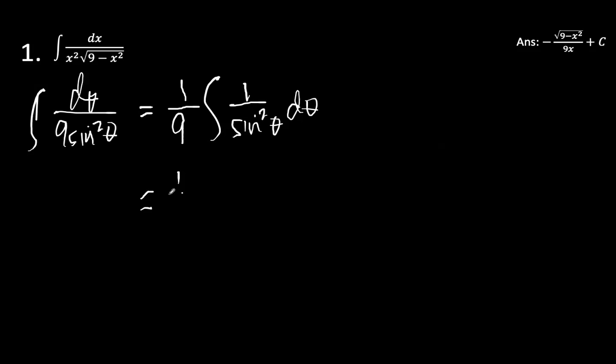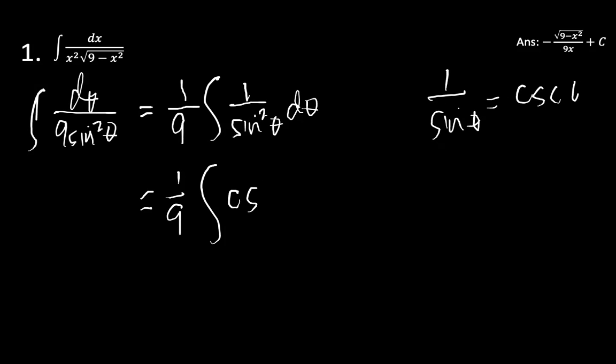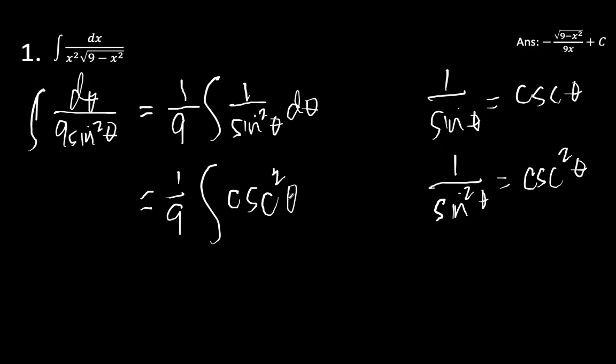However, we can express it in another form. 1 over sine theta is equal to cosecant theta, right? So if it's 1 over sine squared theta, this is equal to cosecant squared theta. So this is the integral of cosecant squared theta with respect to theta.